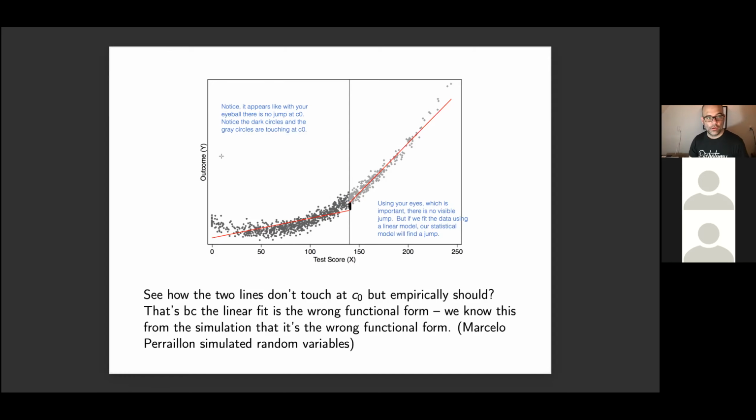Notice, because the data generating process followed a quadratic, but we fit the model with a line, we inadvertently identify a jump where there isn't one.